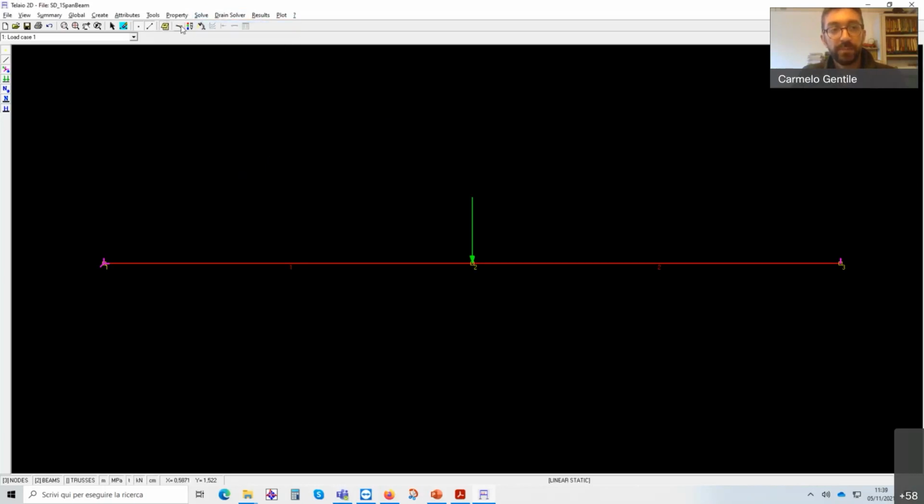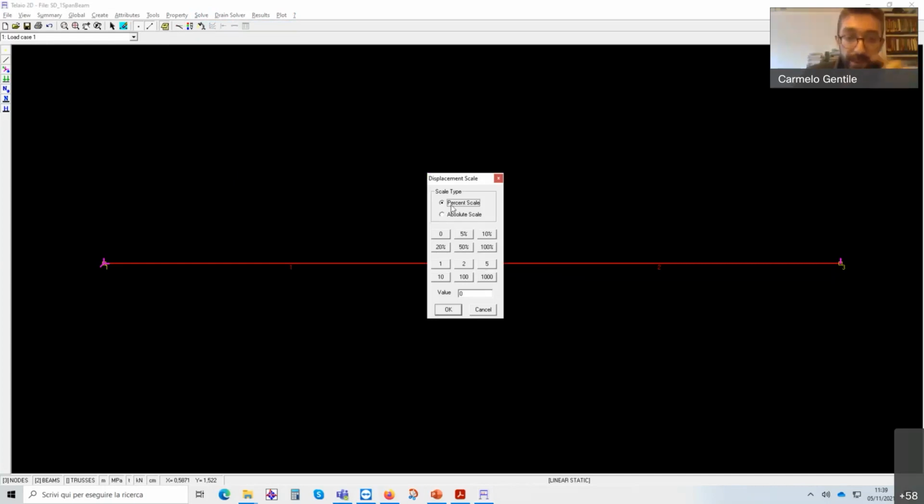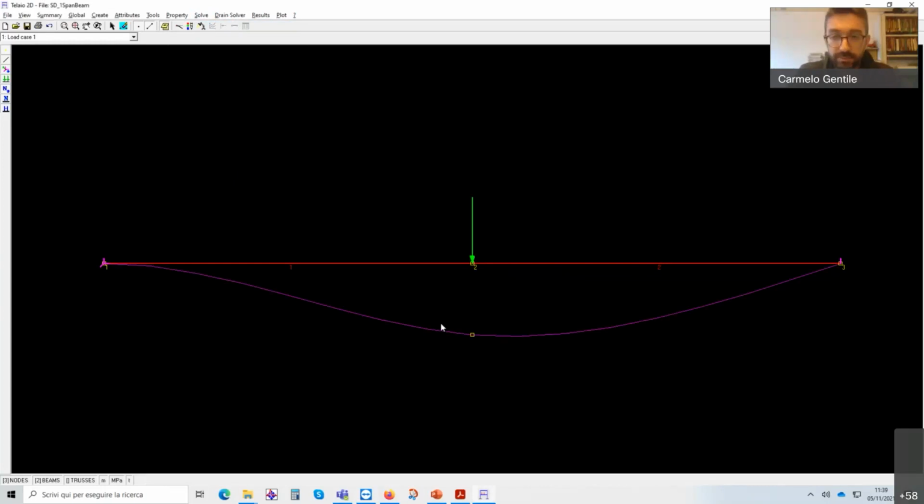Okay, let's run again. So the displacement scale, let's say 10%, I don't know, it's the same. Okay, here we have our deformation, the deformed shape of the beam. Is it what I expected? Yes, because the beam deforms having a displacement.